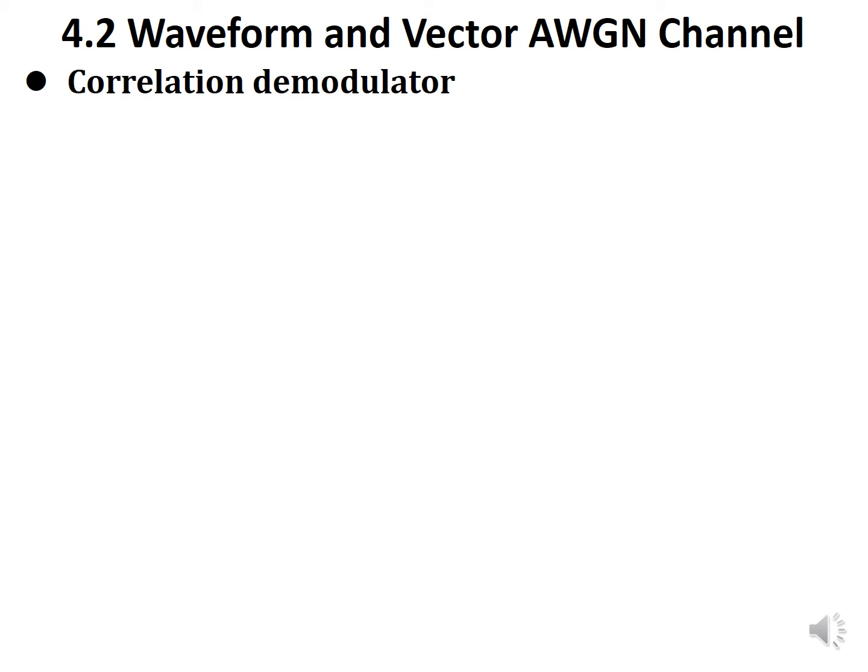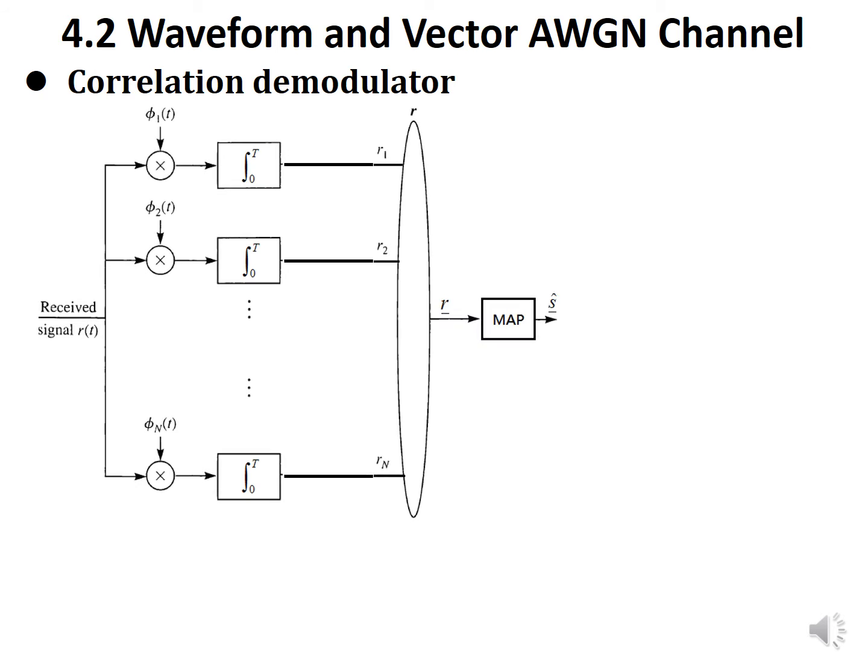Let's begin with the received waveform, that is r(t). Here r(t) can be represented, decomposed by the n-dimensional basis. It can be projected onto the n-dimensional signal space as described by the transmitter.